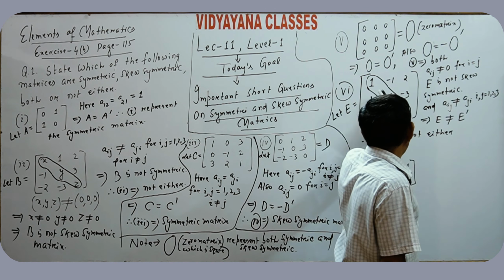So it is not skew symmetric and not symmetric. Aij is not equal to Aji for i varies 1 to 3, i not equal to j. Clear? So it represents not either.